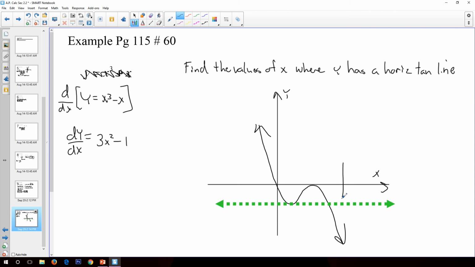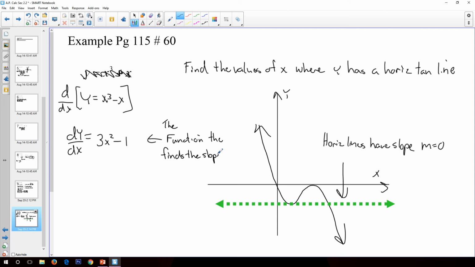Now, again, horizontal lines have slope m equal to 0. This derivative is the one that finds the slope of all tangent lines.